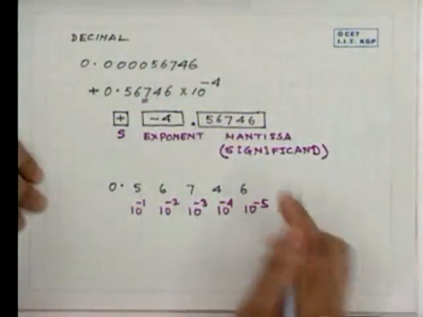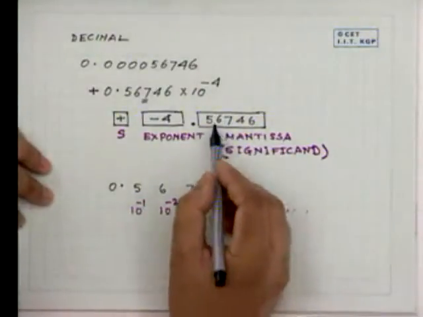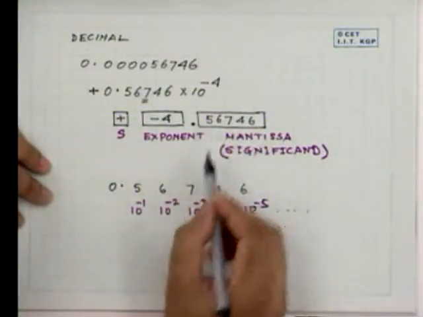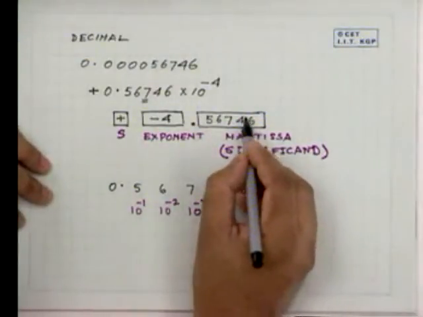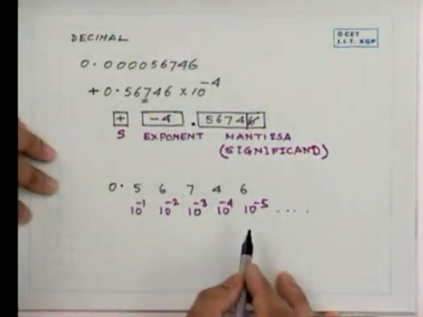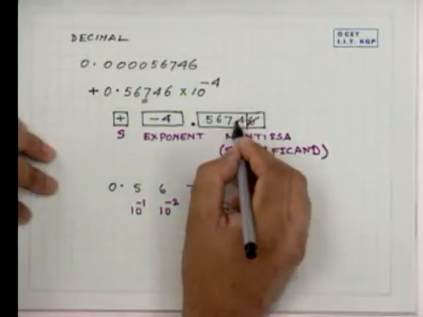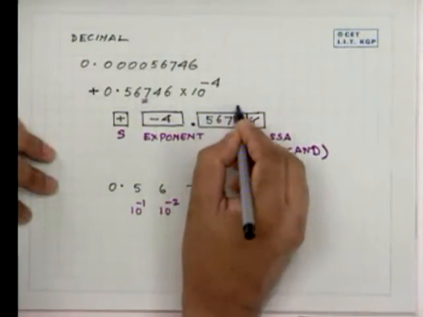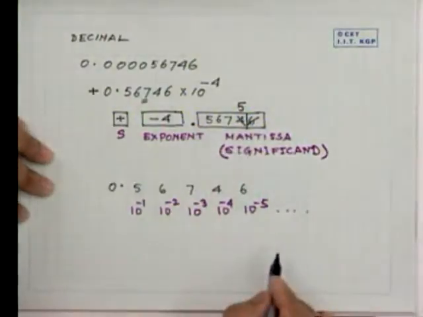Now, say we do not have 5 positions to represent the mantissa in our computer. In that case, we'll have to discard this decimal digit, and if we discard it, we will have to round off the previous digit to 5 here, since 6 is greater than 5 in this position.